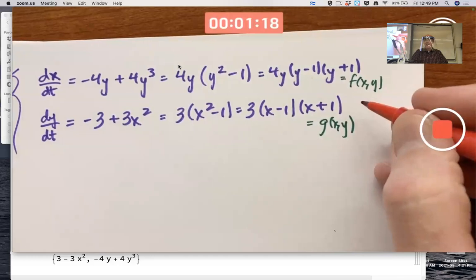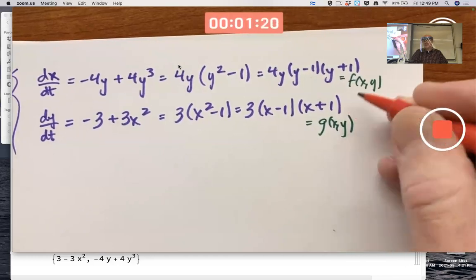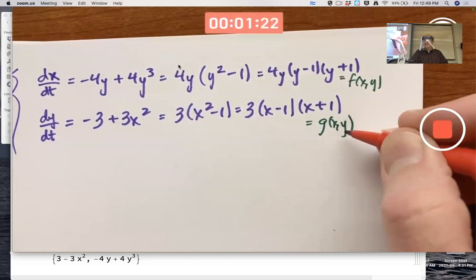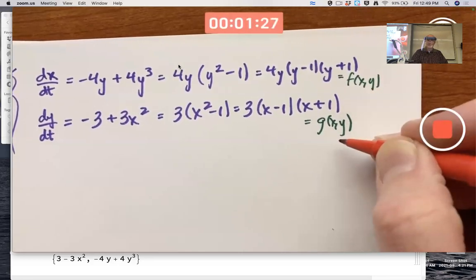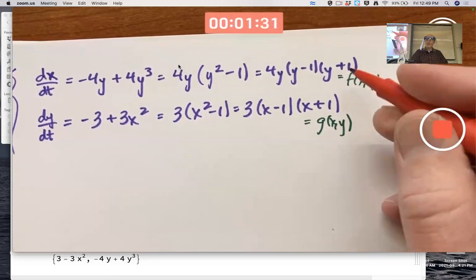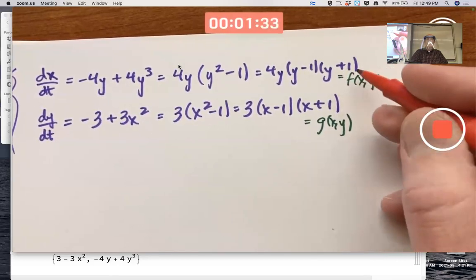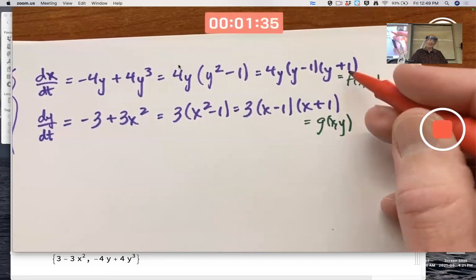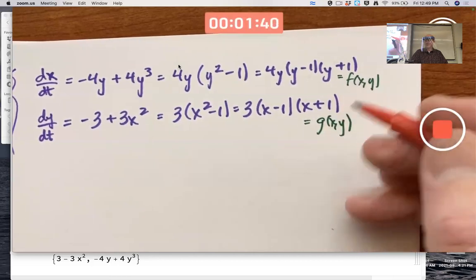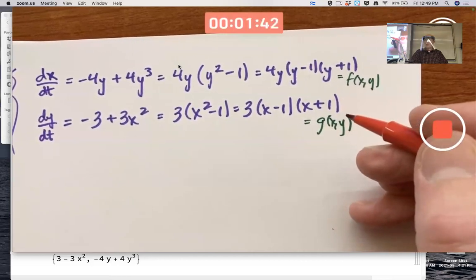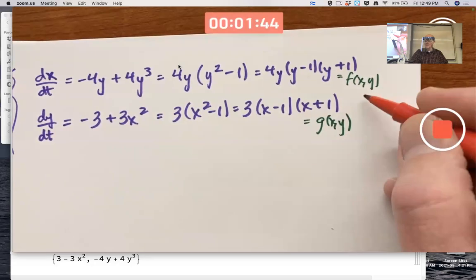Yeah. I wrote the right-hand sides here as f of x, y and g of x, y, though it is also true that f only depends on y and g only depends on x. Whenever dx/dt equals something that only involves y, and dy/dt equals something that only involves x, when they're nice functions, which these are, that will be a Hamiltonian system.